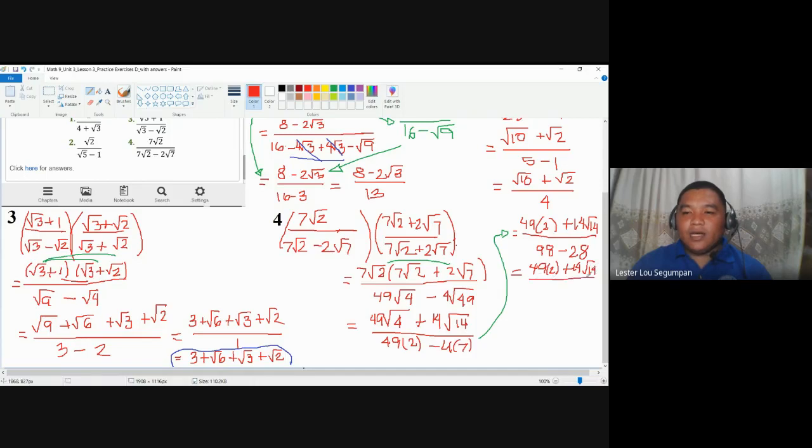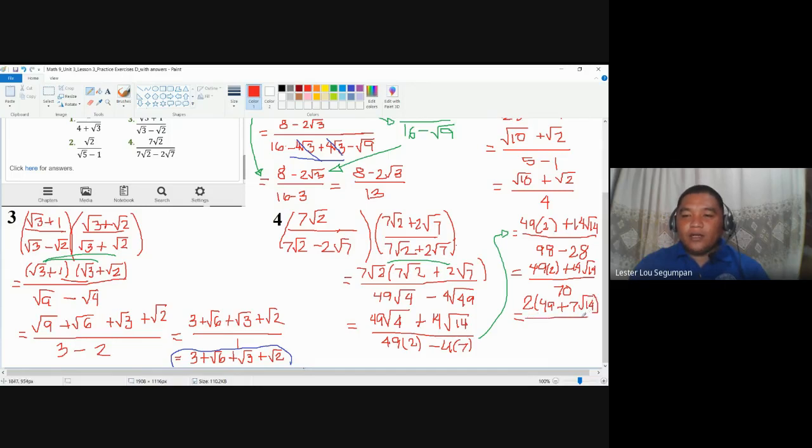The denominator becomes 70. Why did I not multiply this first? Because we can still simplify this further by factoring out 2. So you have 49 plus, you factor out 2 from 14, you have 7 square root of 14.